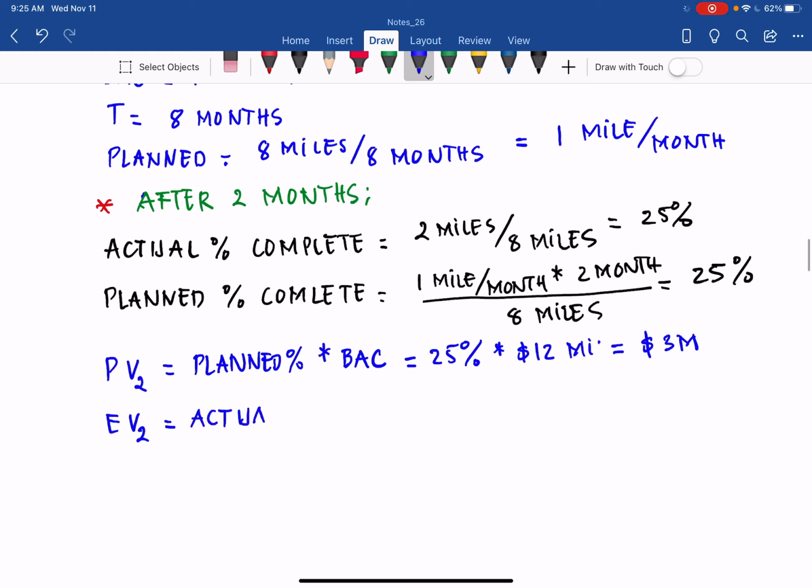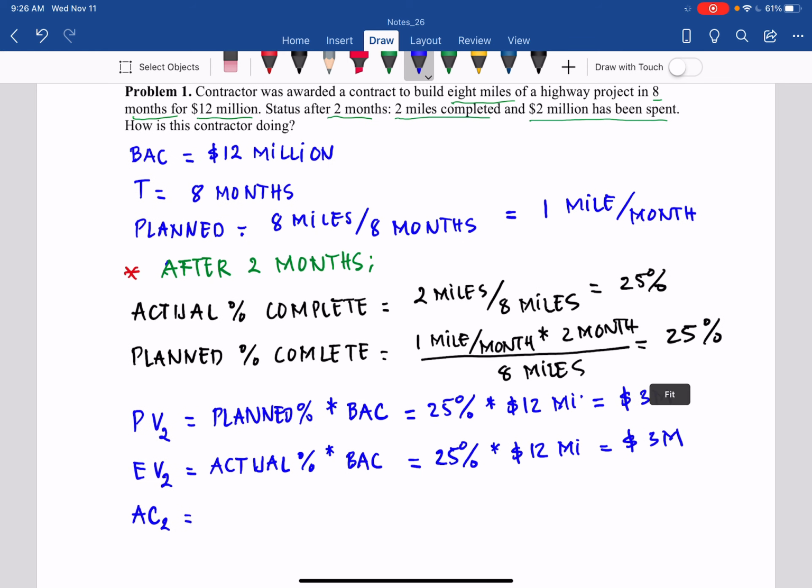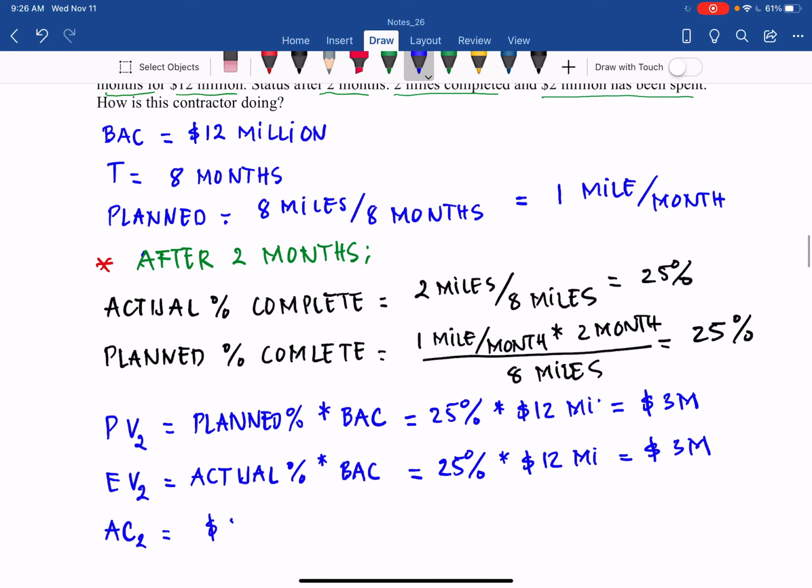The actual percent complete is also 25%, times the planned budget of 12 million, so that is also 3 million. And the last one, we want to determine the actual cost after 2 months. The problem gives us that 2 million has been spent, so the actual cost is 2 million.